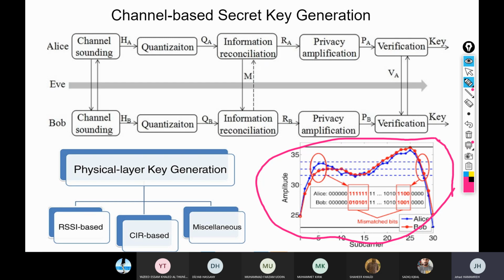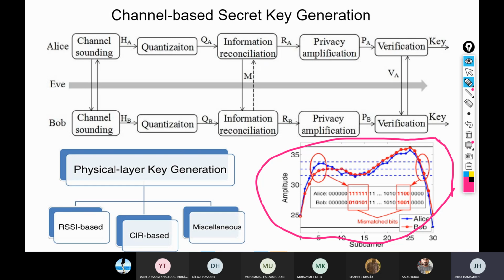So here, assume you are extracting random bits from the amplitude of your channel. You draw the amplitude versus subcarriers, and assume you have 30 subcarriers, and you quantize the amplitude into levels, and at each subcarrier you see what's the amplitude of the signal at this level, and based on the amplitude value you map it to a certain bit sequence.